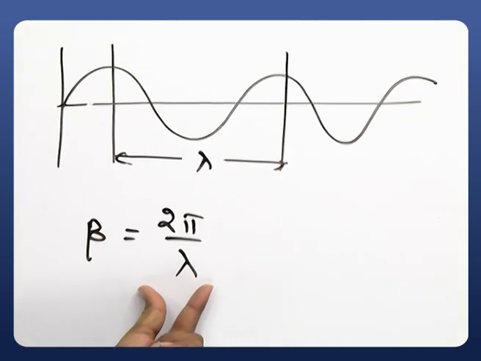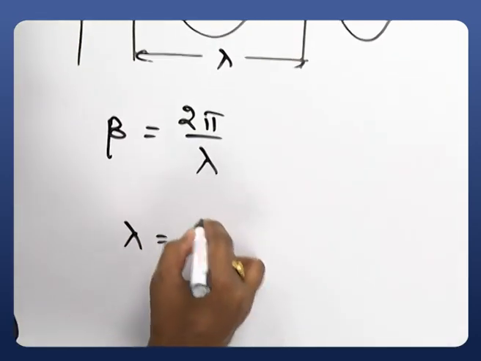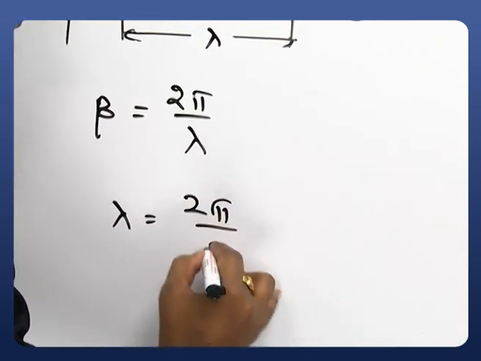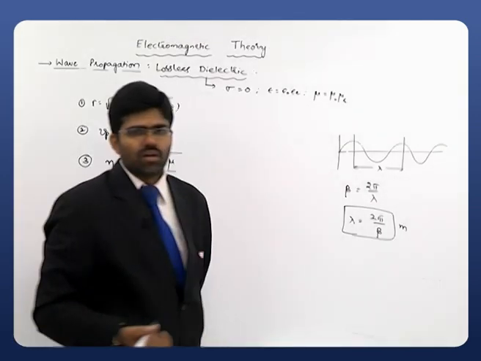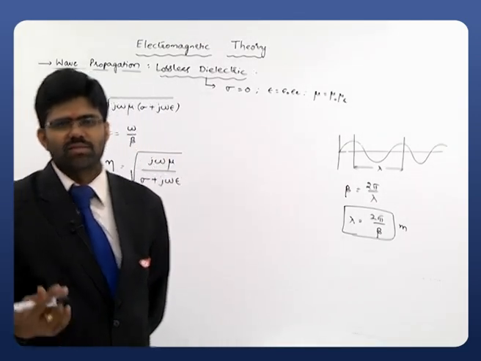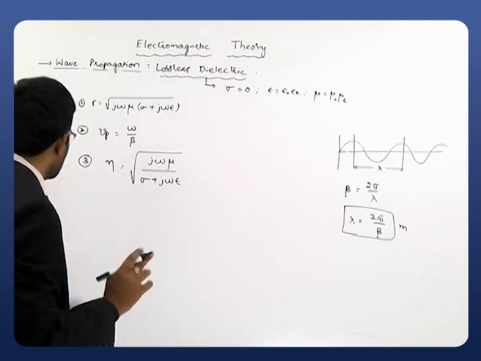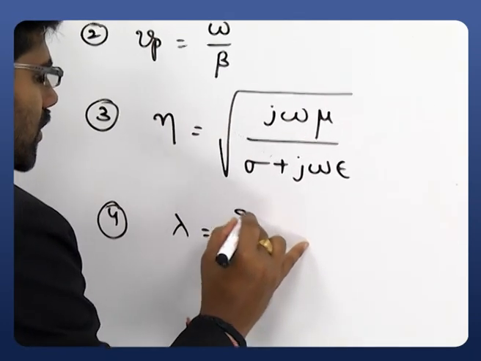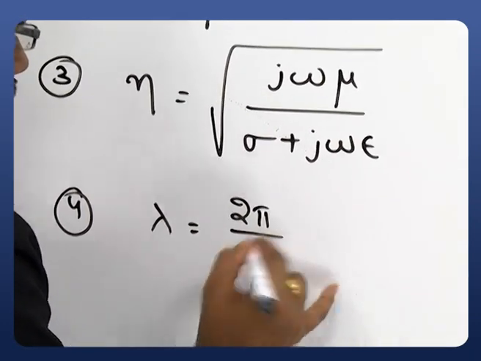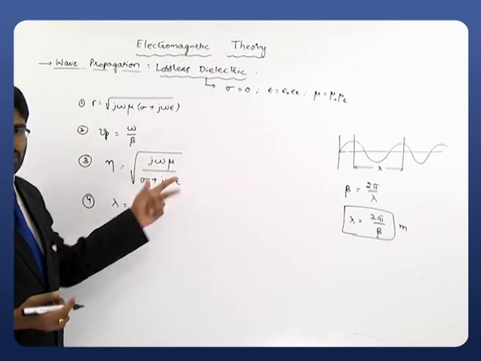Therefore the wavelength can be written in terms of beta as 2 pi by beta. And what are the units of lambda? Meters, and sometimes millimeters or nanometers, whatever it may be. Wavelength lambda is equal to 2 pi by beta. So whenever we get this beta, just substitute here to get the wavelength.